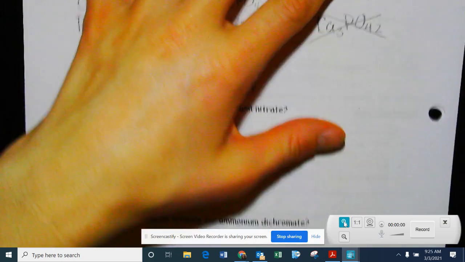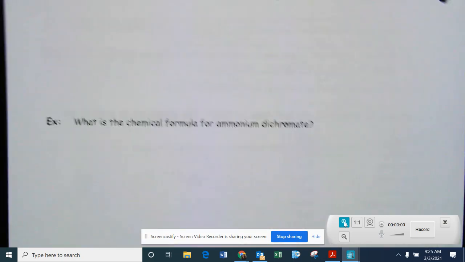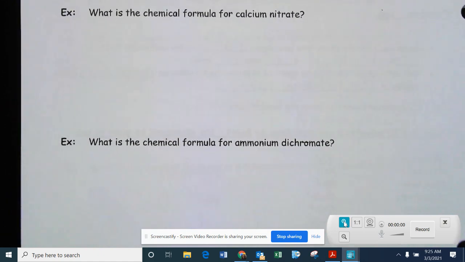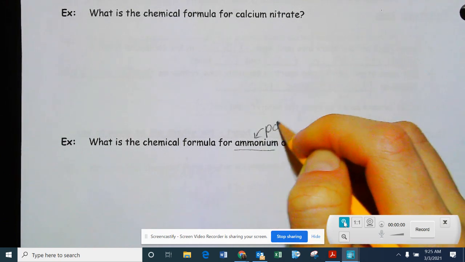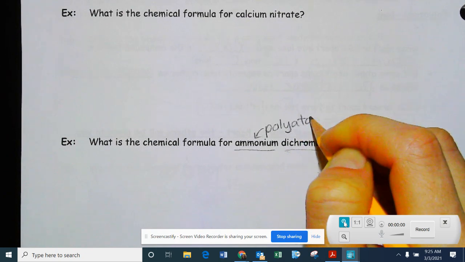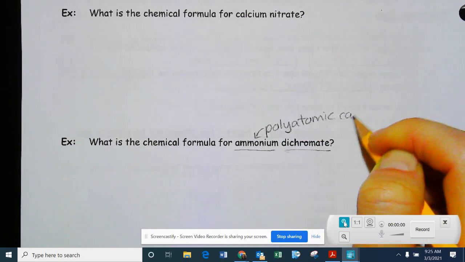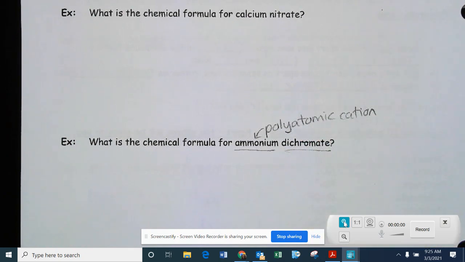Okay, can you guys all try calcium nitrate and ammonium dichromate on your own? And I'm just going to give you a hint. This is a polyatomic cation. Okay, so give those a go.